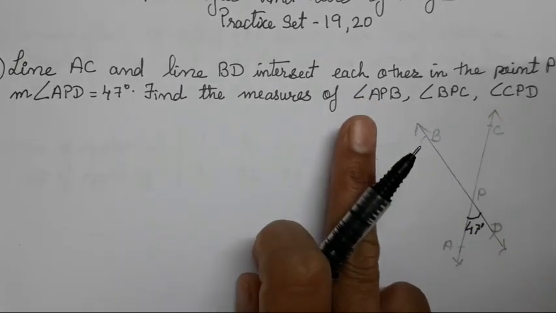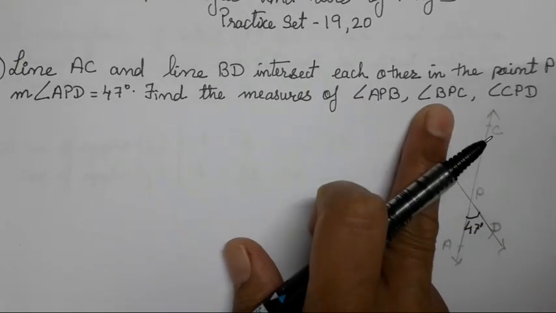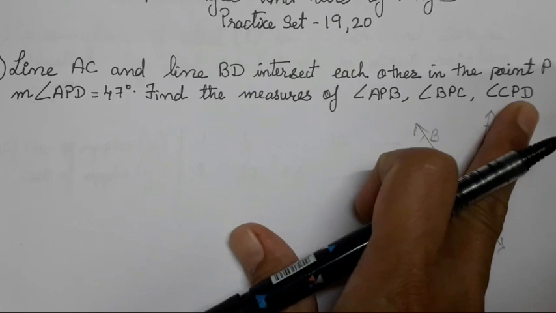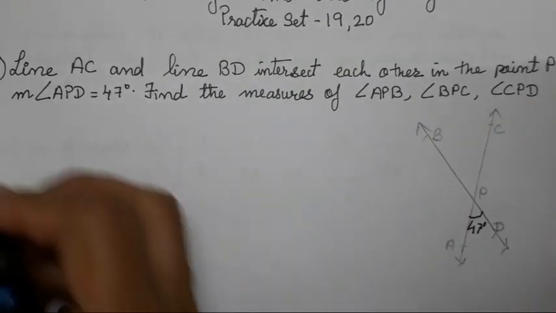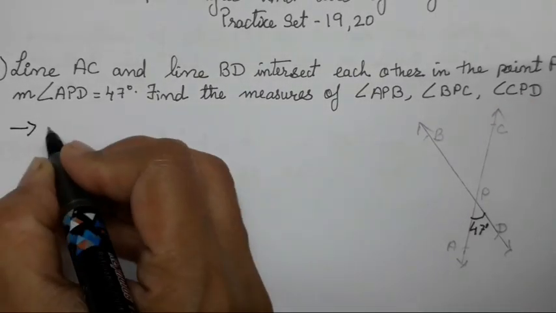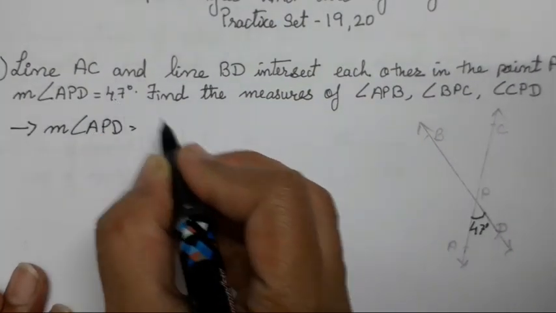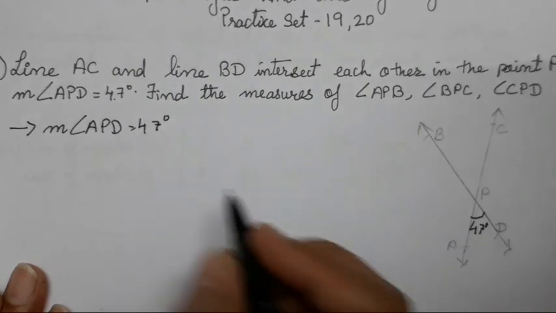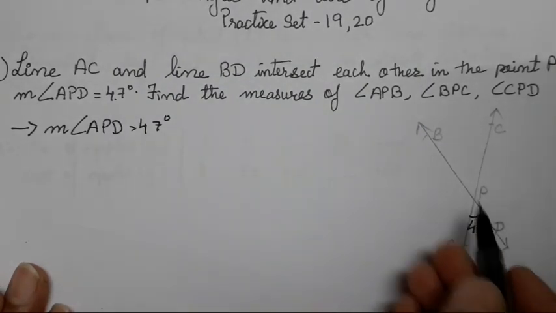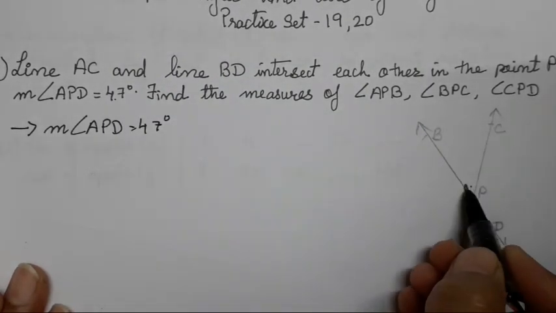So first we will find angle APB, angle BPC and angle CPD. So how are you going to find it? It's very easy, children. First we will write whatever is being given. APD, that is 47 degree. ओके, तो अगर ये 47 डिग्री है तो BPC कितना होने वाला है?